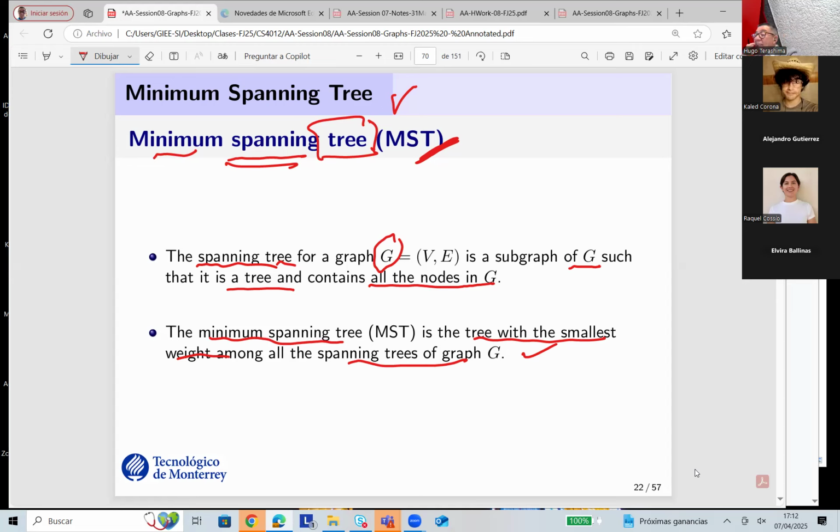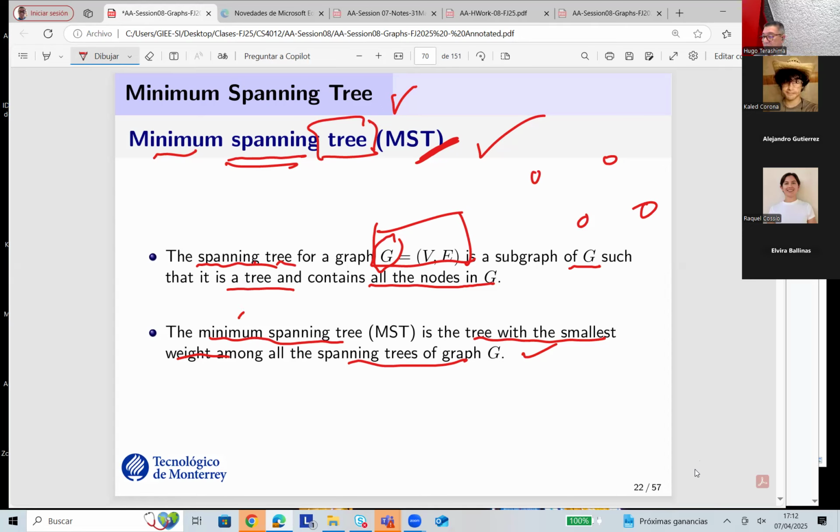What we are going to find is the minimum spanning tree of a graph using a particular algorithm, right? So, is it clear what a minimum spanning tree is? Is that understood? First, you have an original graph, and if it is going to be a spanning tree, it should contain all the elements in a tree, right?